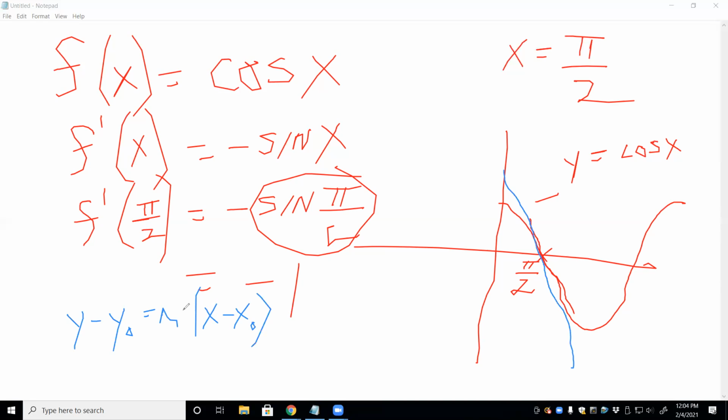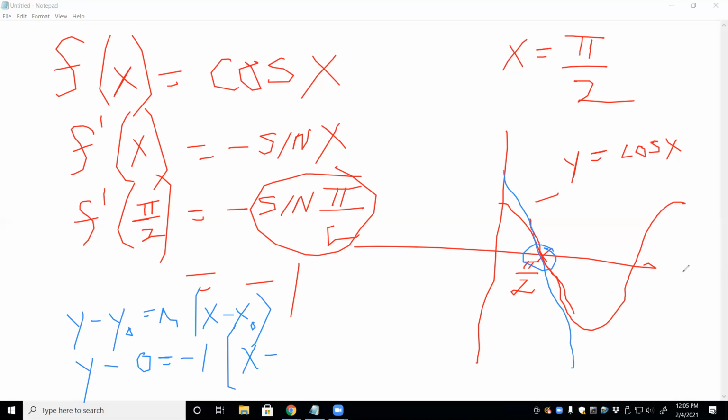Well, I figured out what the slope was by taking the derivative. So for the moment, the only point we know for sure that's on that line is this one right here, correct? Correct. So what's y naught? It would be 0. And slope, because we figured out the derivative. And what's x naught? x naught is pi over 2.